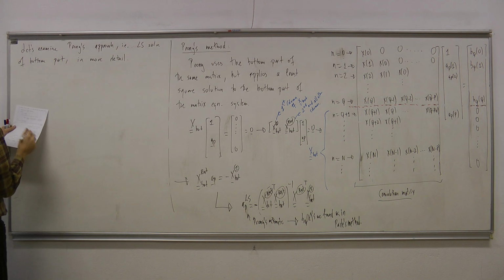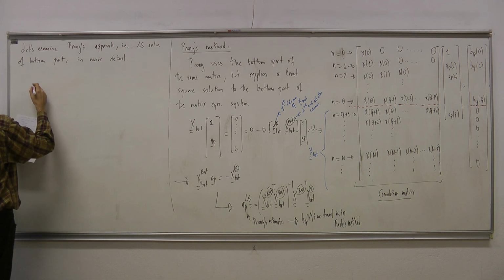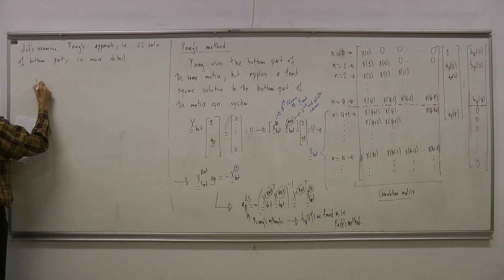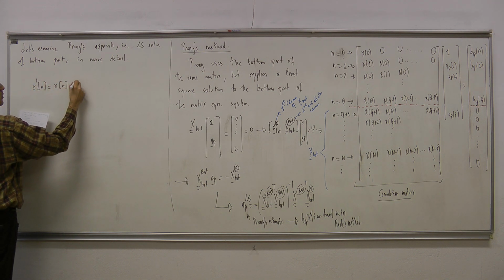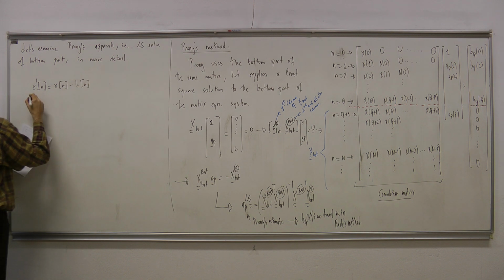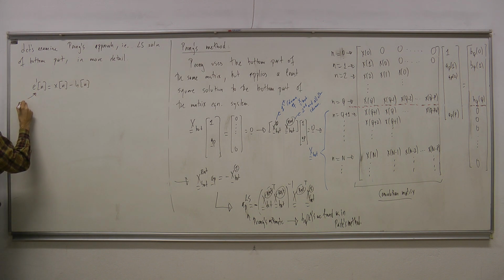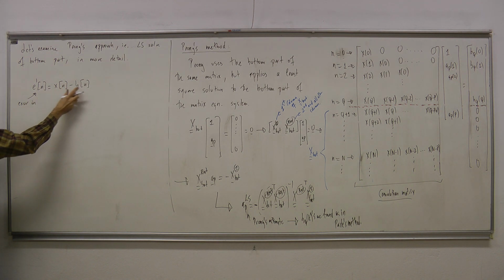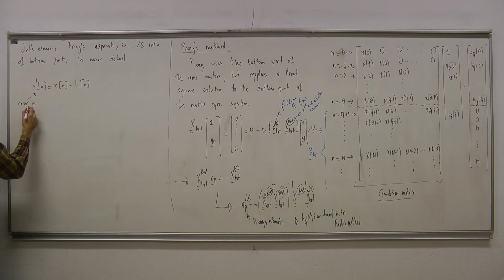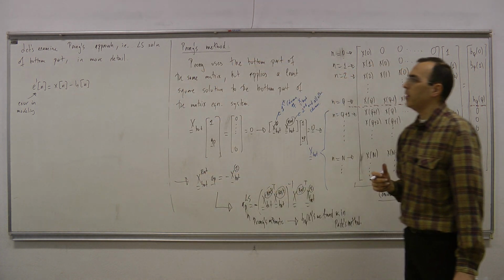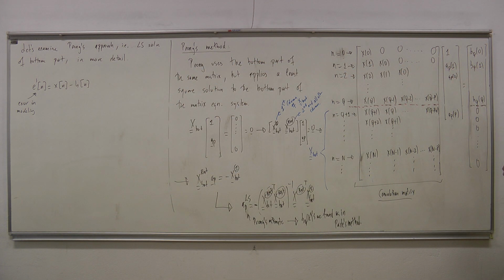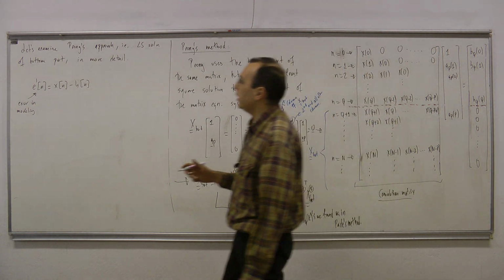Okay. Let's start from this definition. Remember, this is our, let's say, error in modeling. So given this measurement x, and h is my model for this x, that becomes the modeling error.